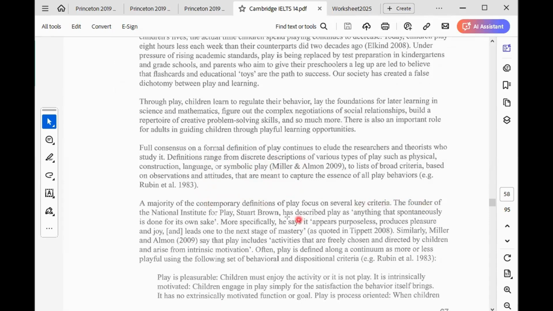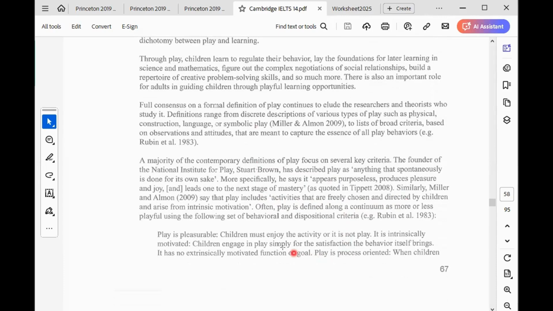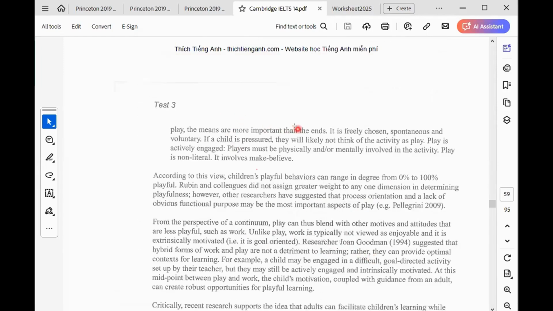Next paragraph, the founder of, okay, purposeless produces pleasure. Play activities that are freely chosen. Okay. Play is pleasurable. Play is process-oriented. Okay. According to this view, Rubin did not assign greater weights.